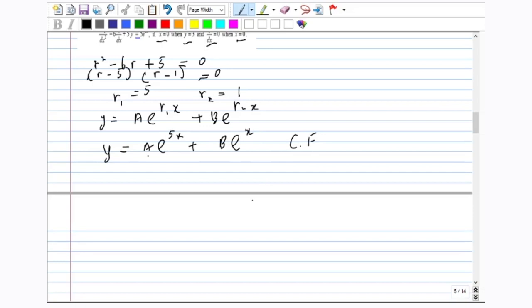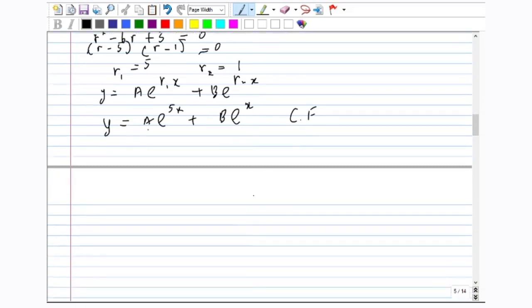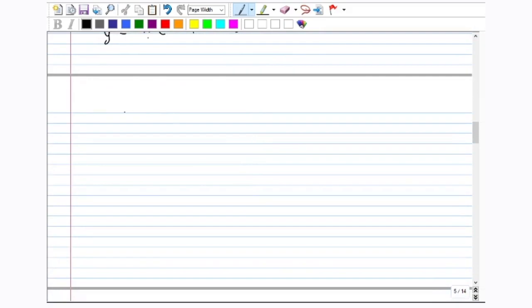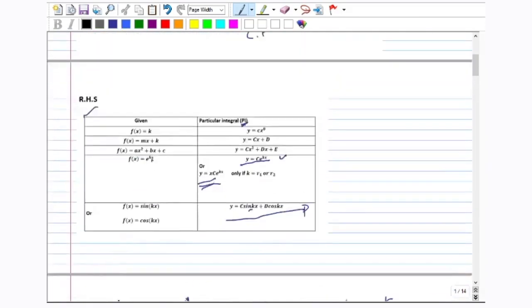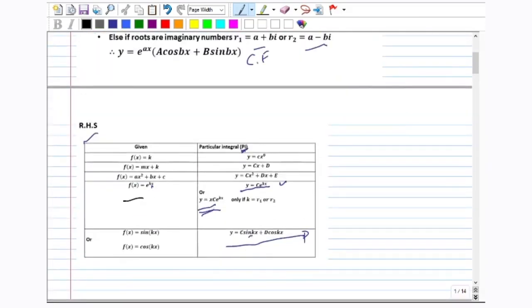Now, once we have calculated your complementary function, you look at the right-hand side. Our right-hand side in this particular instance, remember, we had 5 e to the exponent 5x. So we check here: it's either we are going to use y equal to c e to the exponent kx, or y equal to x c e to the exponent kx.